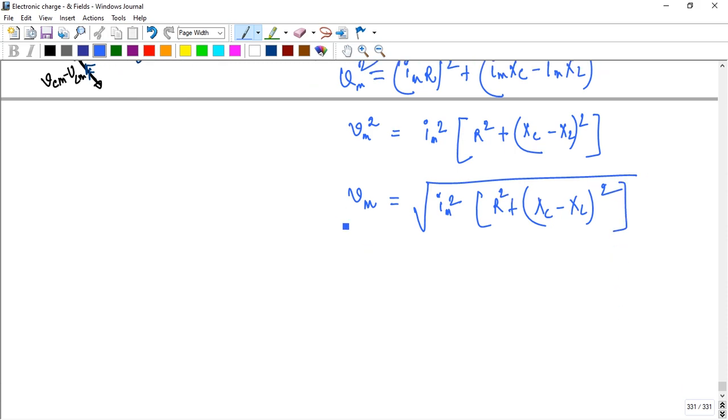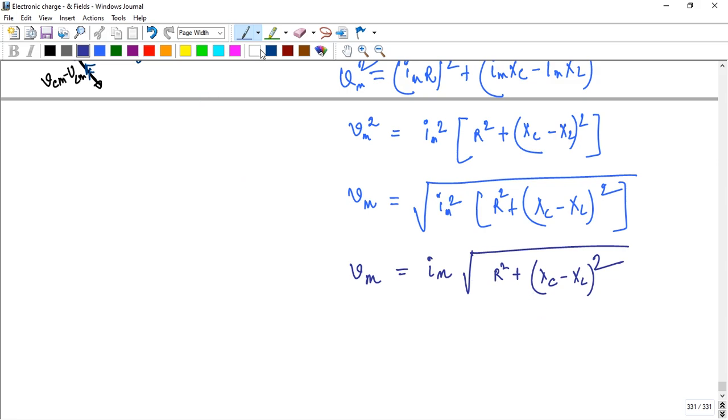Okay, so finally the expression we get here is Vm equals Im times root over of R squared plus (XC minus XL) whole squared.